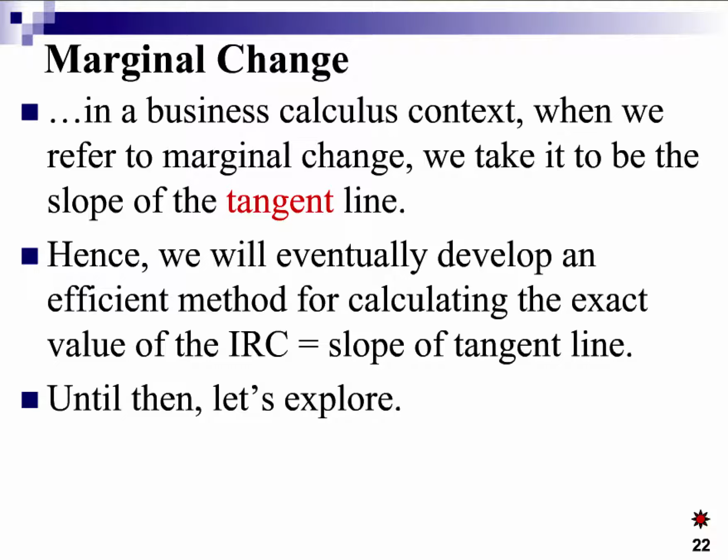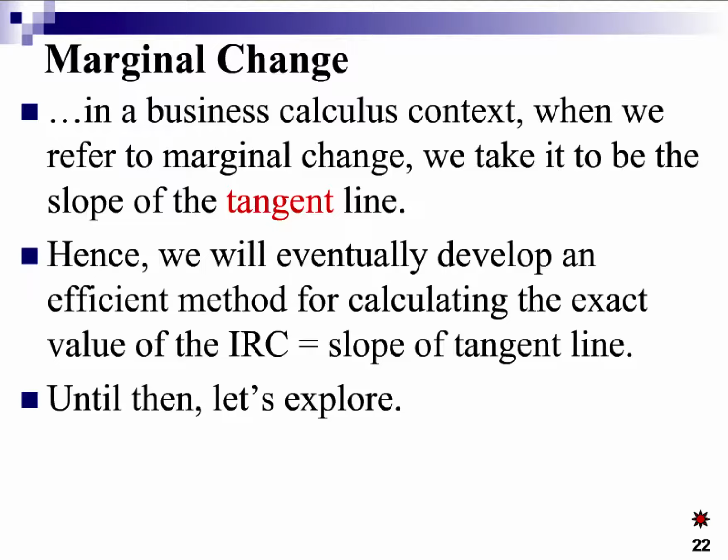So here's where we begin to make a transition from all of these relatively basic calculations involving slopes and slopes of lines to the more abstract ideas behind calculus. In a business calculus context, when we refer to marginal change, we typically take that to mean the slope of the tangent line. Now, you may need to go back and look at some of the graphs that we've been generating here, but remember, a tangent line just cuts the graph at 1 point.